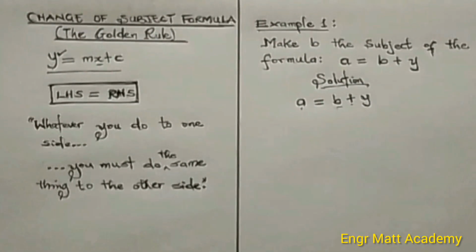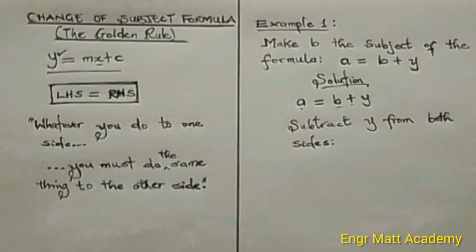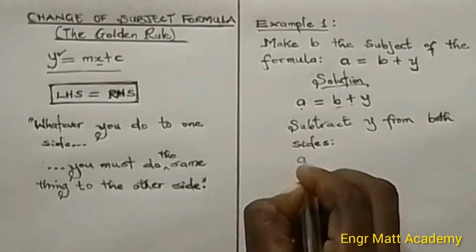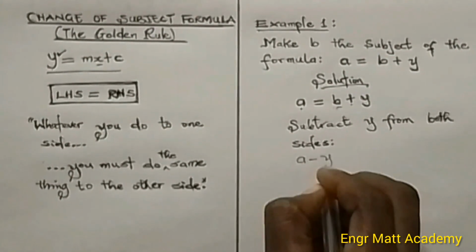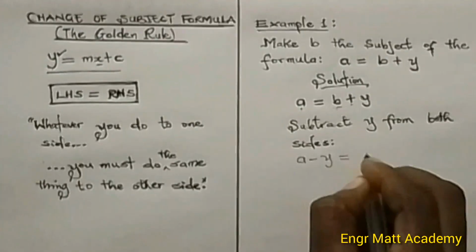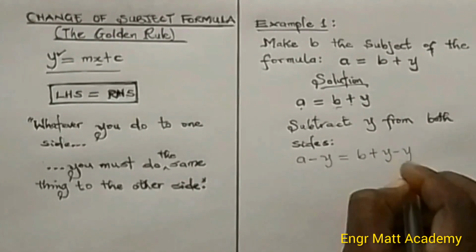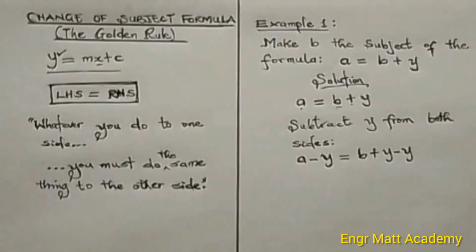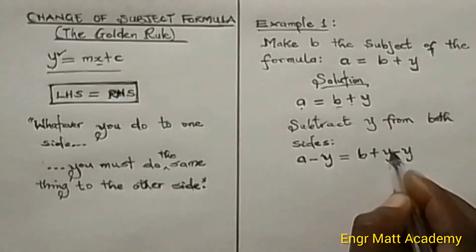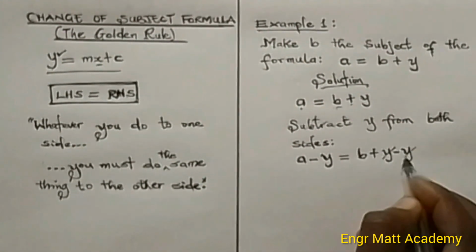Remember the rule? Whatever you do to one side, you must do the same thing to the other side. So we subtract Y from both sides. That means we get A minus Y equal to B plus Y minus Y. When we subtract Y from both sides, on the right hand side, Y will cancel out.